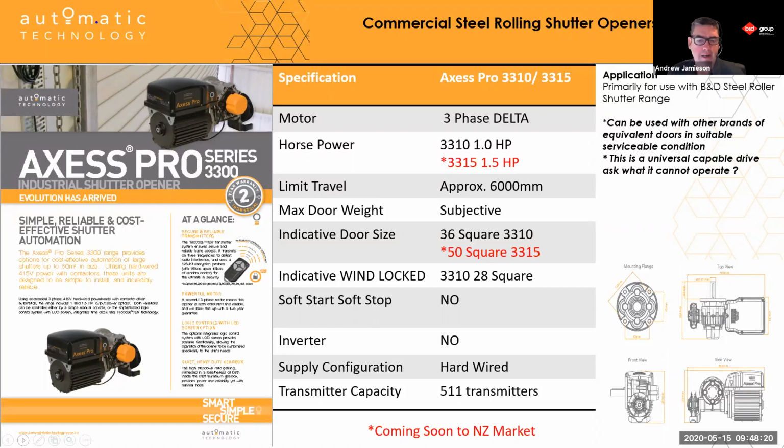The next one to land into the New Zealand market will be the 1.5, and that will be capable of doing 50 square. Okay, so up to 1.5, 50 square. And then once again, it needs hard wiring by a commercial electrician. It doesn't have soft start, soft stop, because it does not have the inverter on board. That plays into that high volume space, because 1 horse 3-phase is invariably what will cover most doors in a commercial space.